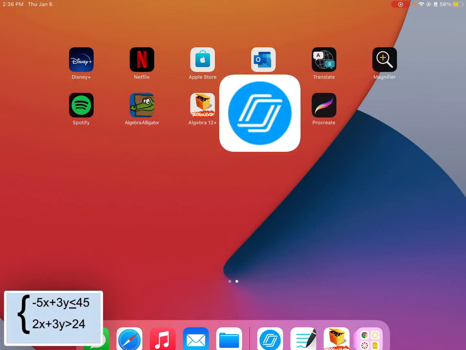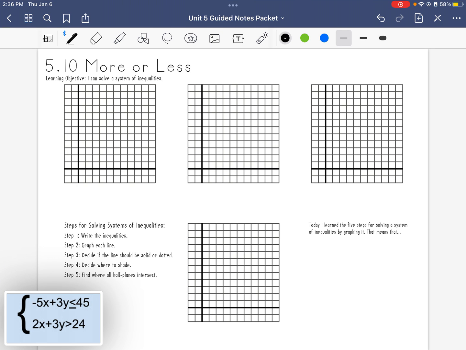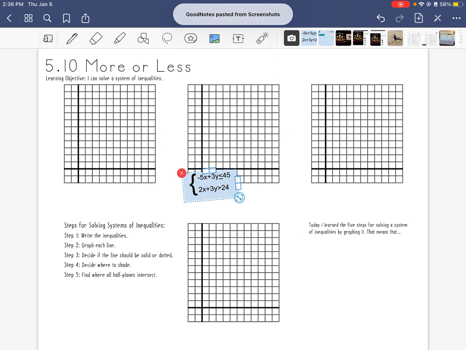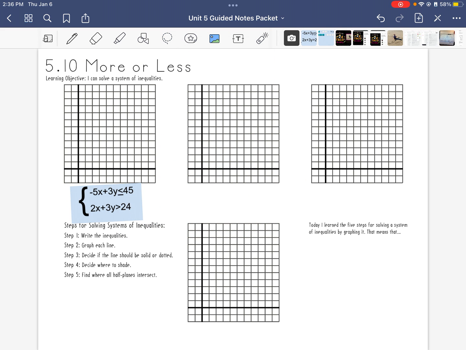So in our notes here, this is the first thing that it wants us to do. I'm going to take this, and we need to graph this guy on this graph right here. Now there are steps here for how to do that, but this is something you do already know, okay?